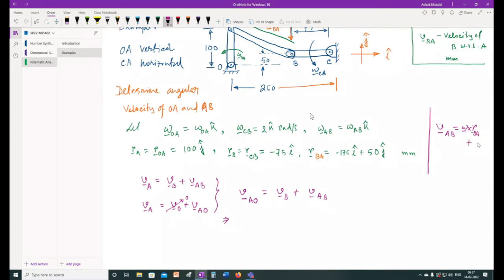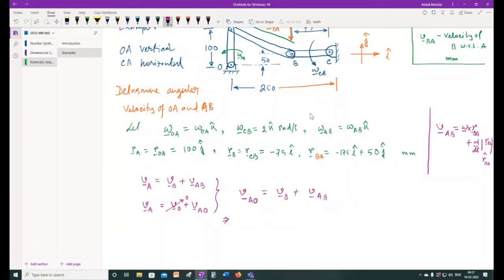Another is the differentiation, dR BA by dt, in the R BA direction. But for this case, how many components are there?